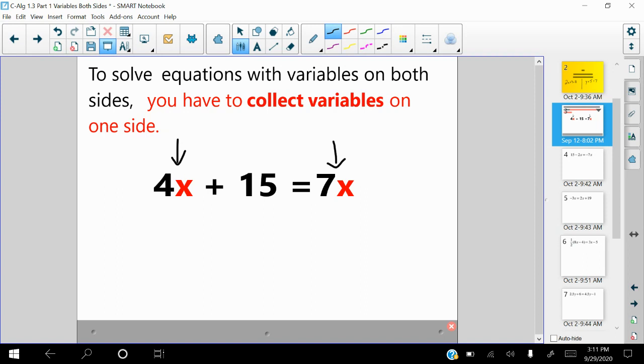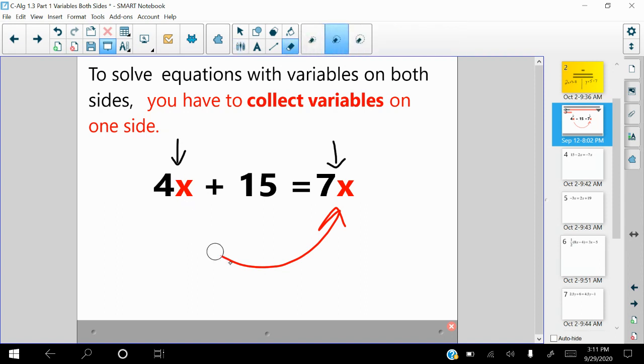Here is the biggest tip that I can give you, and it works about 90% of the time. Not always, but especially with our more challenging problems, it's going to pay dividends. We want to move our variable, or the term with the variable, so that it ends up being positive. For this example, I'm pretty much forced to bring this 4x over to the 7x because I only have one term on the right-hand side.